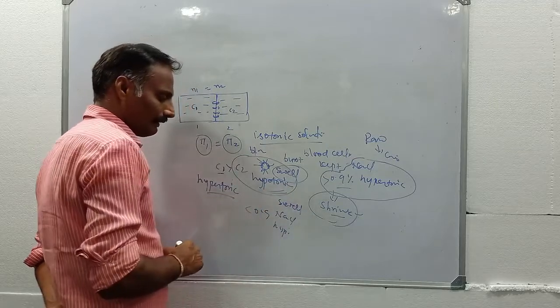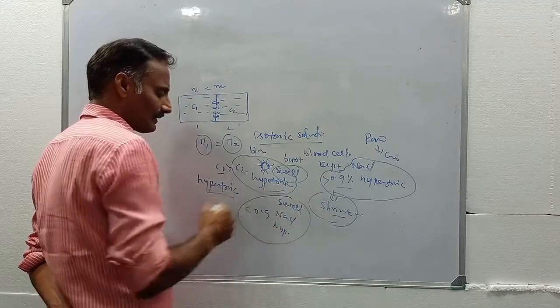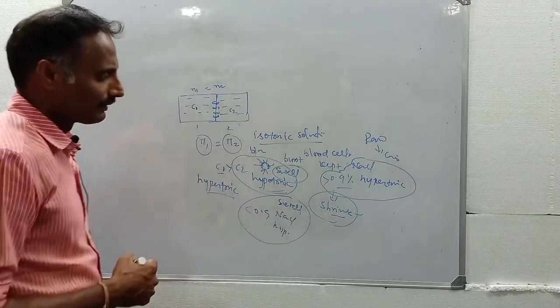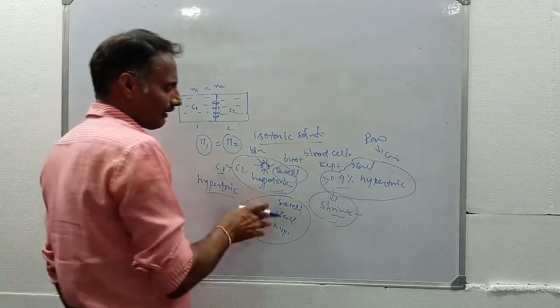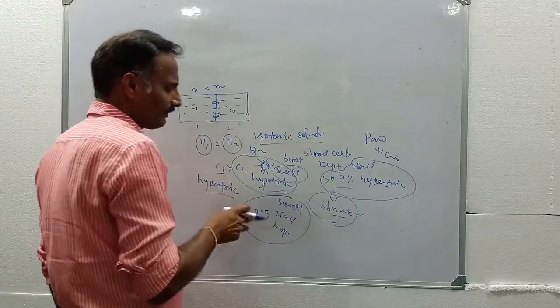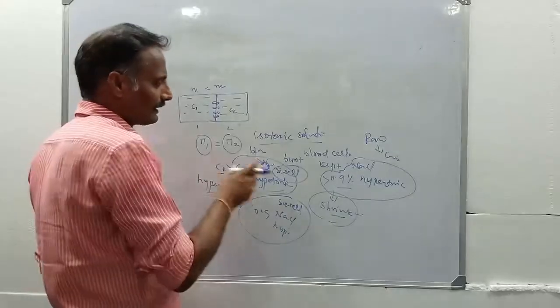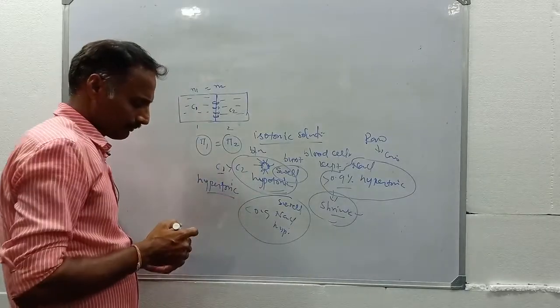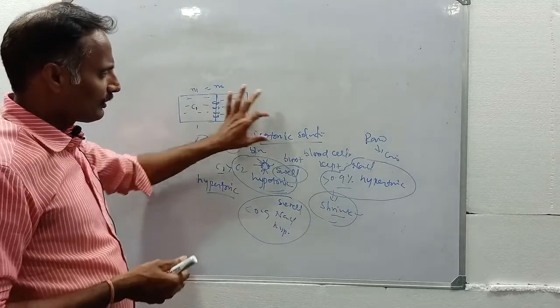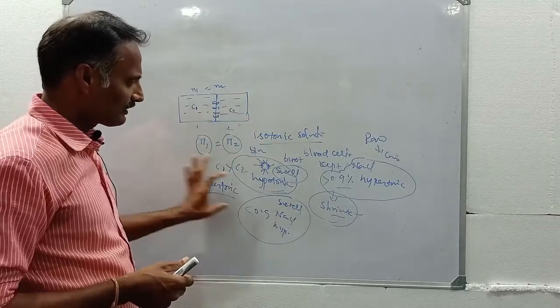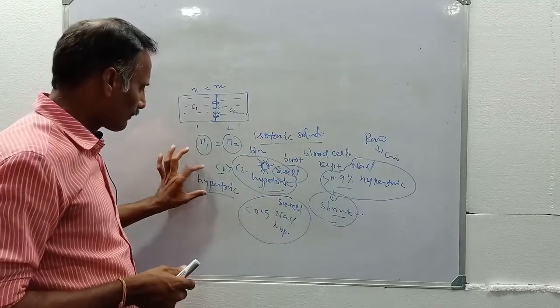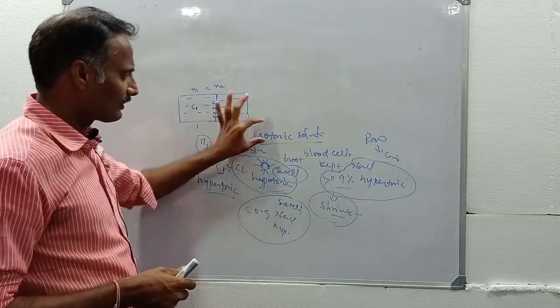This type of question is asked in examinations from this chapter in part A. Concept and reasoning questions are important while studying osmotic pressure and isotonic solutions: what are hypertonic solutions, and what are isotonic solutions.